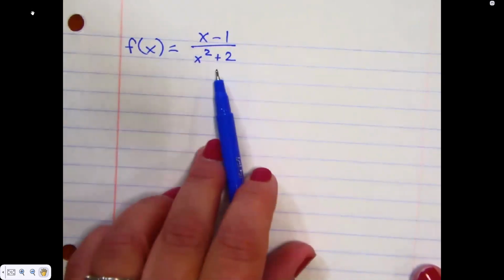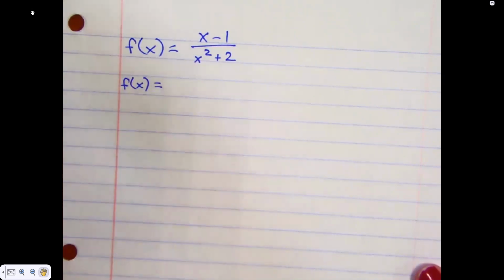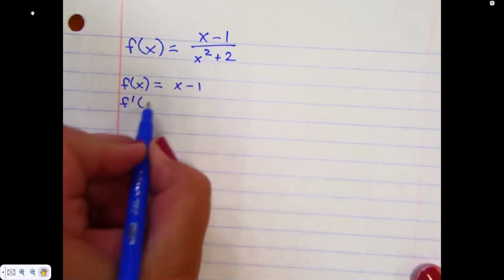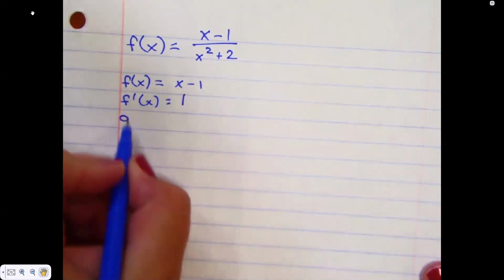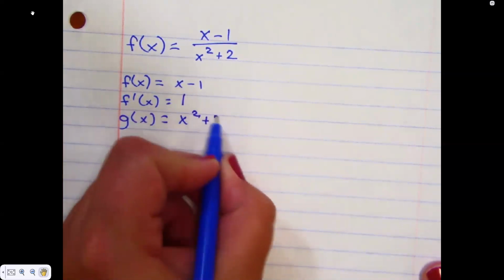So we got a fraction, we got to do the quotient rule. f of x, and remember that's now just the numerator, is x minus 1. Its derivative, thank goodness, at least he does make it fairly easy. What is its derivative? 1. All right, g of x is x squared plus 2.